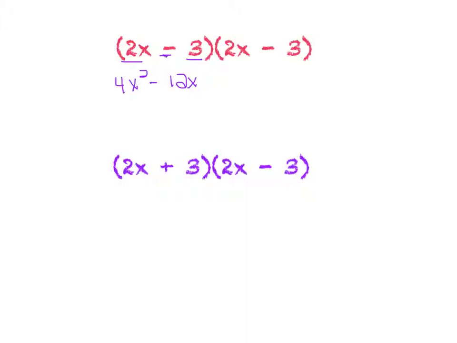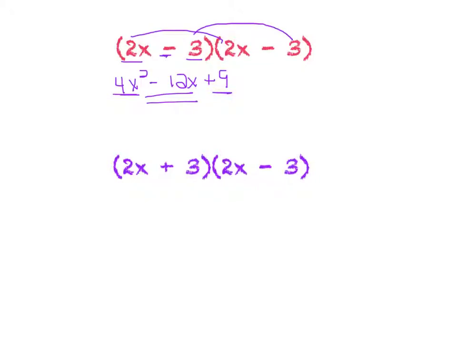And then you square the last. Negative 3 squared is a positive 9. So really, that last term is just the last, negative 3 times negative 3. The first term is that, so 2x times 2x. And again, where we came up with that middle term is when we do the outer and the inner, they turn out to be the exact same thing, so we just double it.